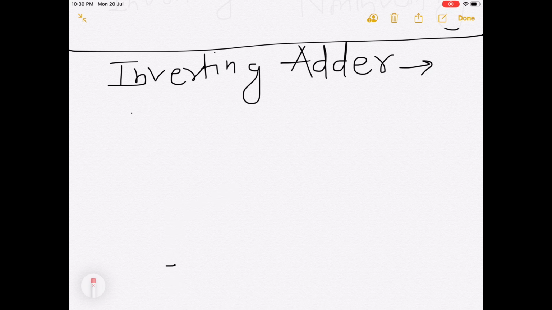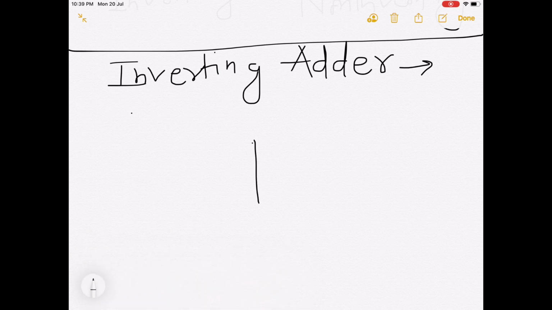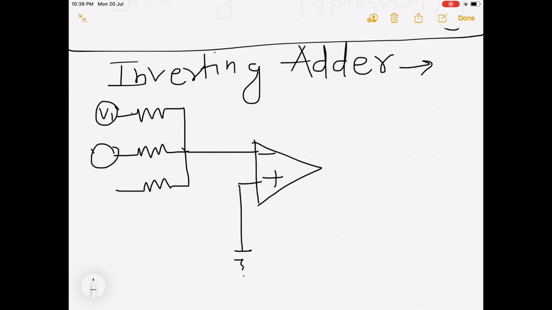So, this is op-amp, then this is grounded, then at inverting terminal there are suppose 3 inputs. As we want to add these 3 inputs, we are applying these 3 inputs to the inverting terminal. Then here we are applying V1, then V2 and then V3.